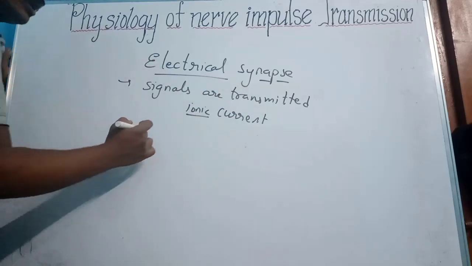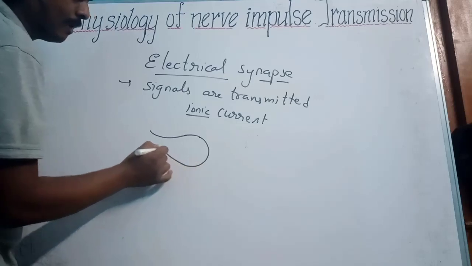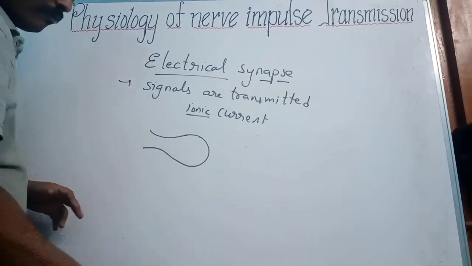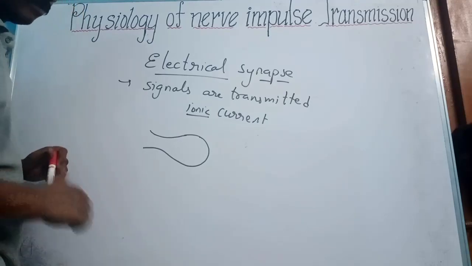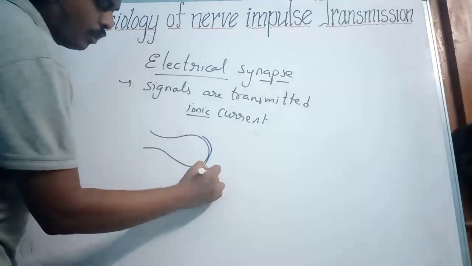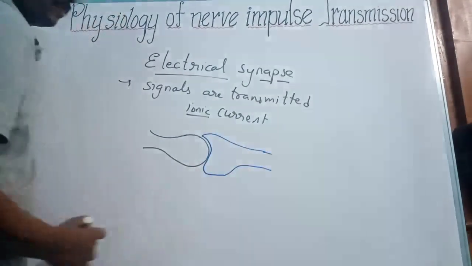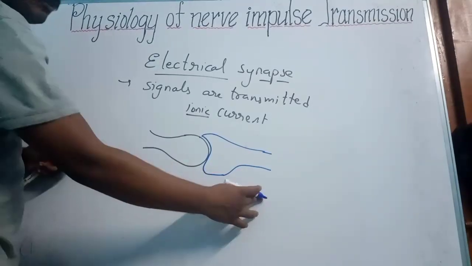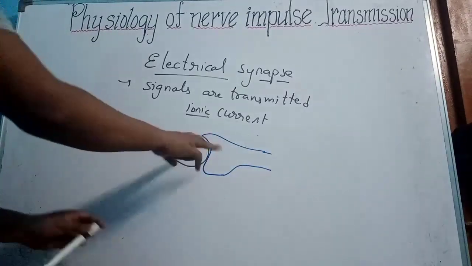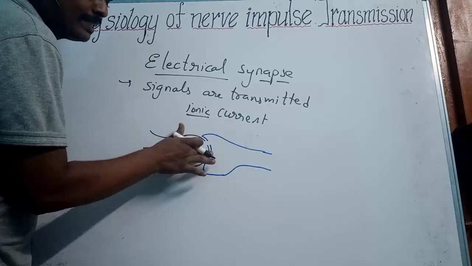How? If you observe these electrical synapses, the presynaptic membrane will be in very close contact with the postsynaptic membrane. So the postsynaptic membrane will be very close to this presynaptic membrane. And if you observe here, these two cell membranes are connected by cell junctions.